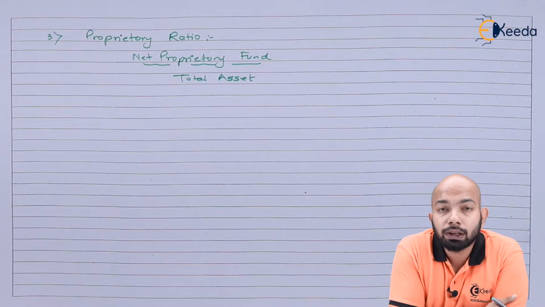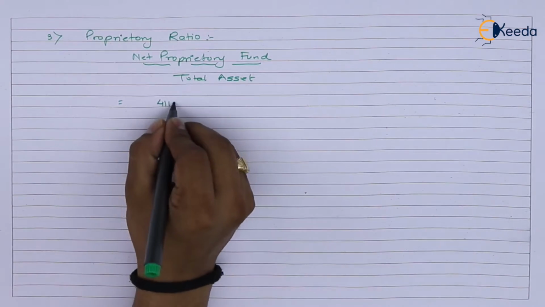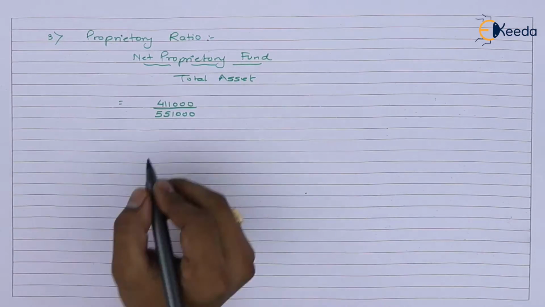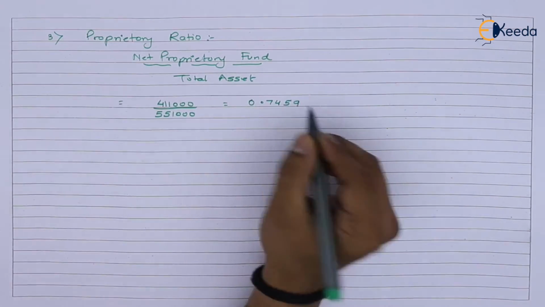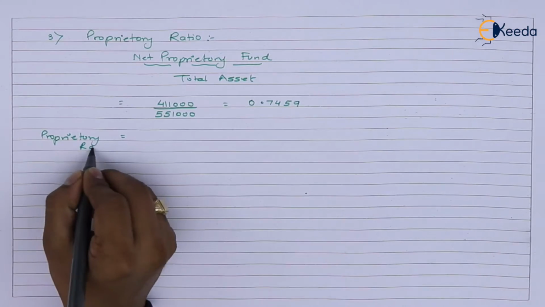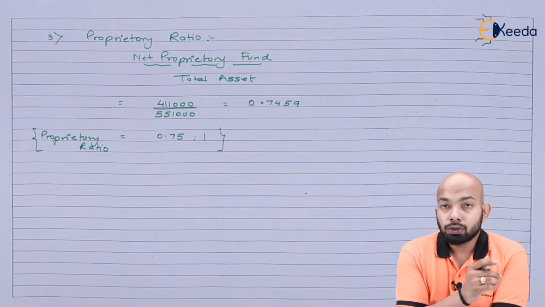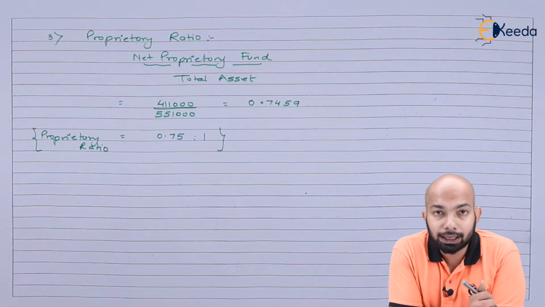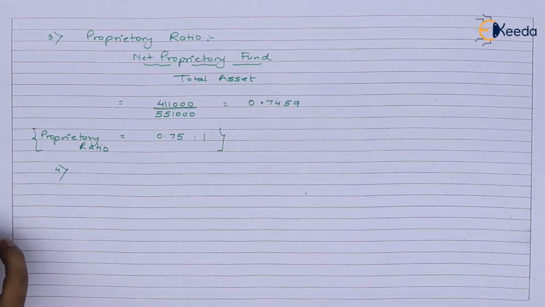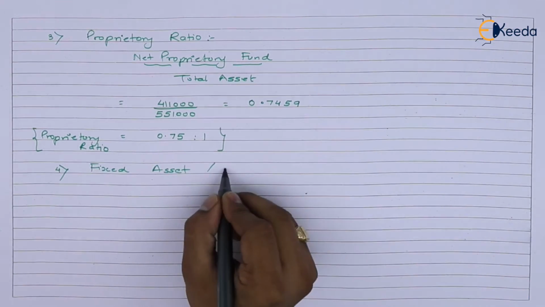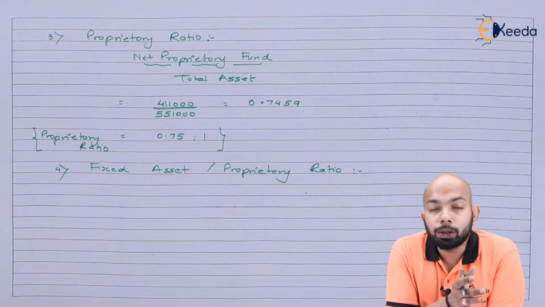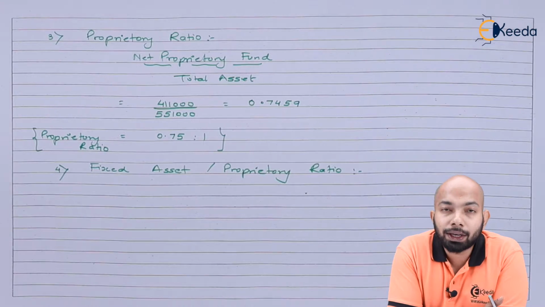Both the values we have already evaluated. So the proprietary ratio is 0.75 as per the calculations. Now the next ratio we'll be dealing with is fixed asset to proprietary fund ratio.